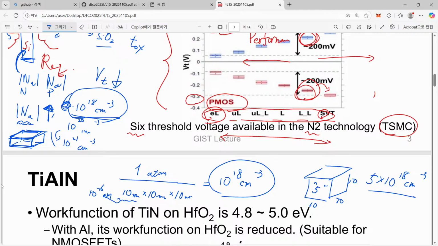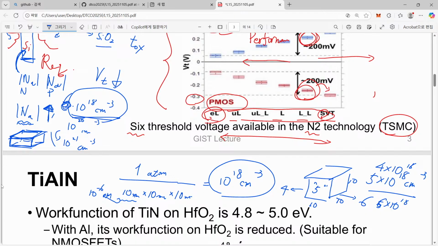So let's assume that there occurred a fluctuation of this number. Within this small volume, unfortunately, we have only 4 atoms. Or unfortunately, we have 6 atoms. Then what we have is severe fluctuation of substrate density. Now it becomes 4 times 10 to the 18, or 6 times 10 to the 18.